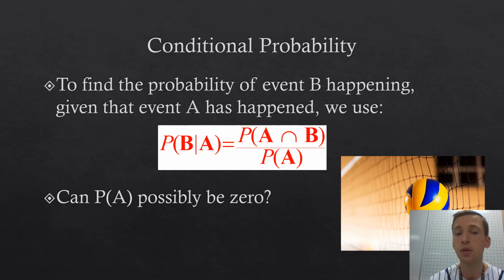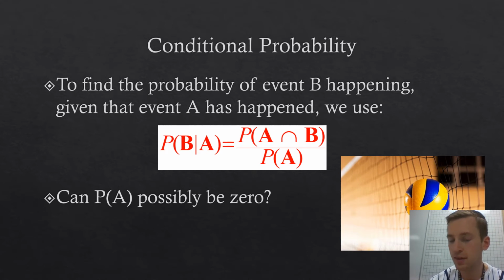If you want to know the probability of event B given that A has happened already, you want to take the probability of A and B on the top, and then divide it by whatever is given, in this case, the probability of A. Looking at this equation, because we're dividing, the probability of A cannot be 0.